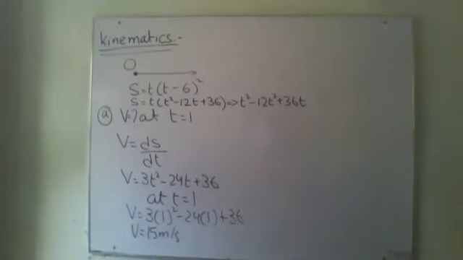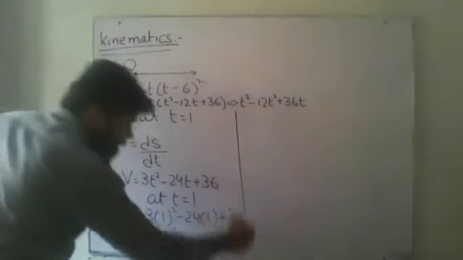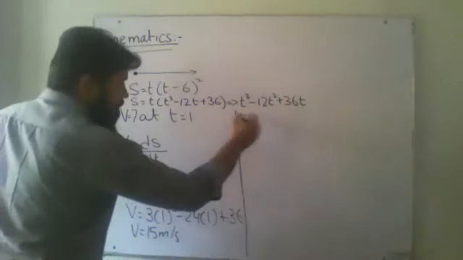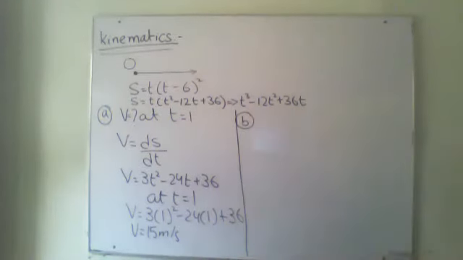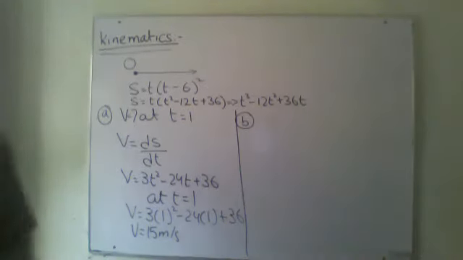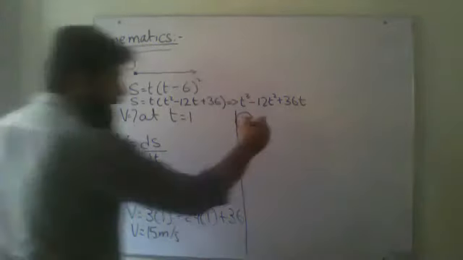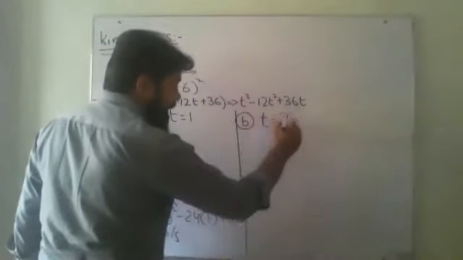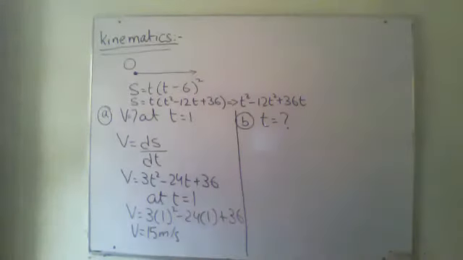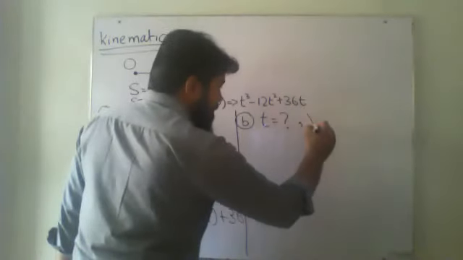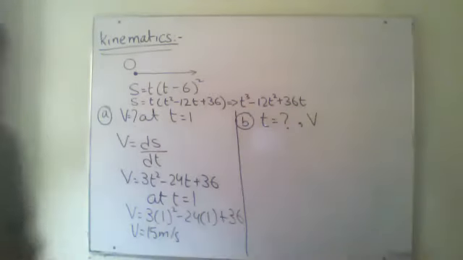Now, part B of the same question says find the values of t when P is instantaneously at rest. I have to find the value of t when the body is instantaneously at rest.